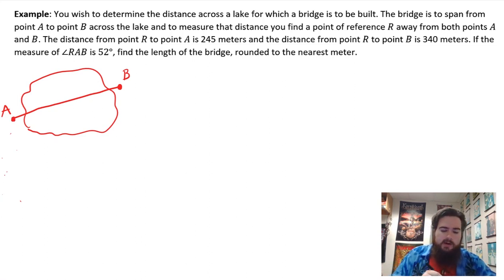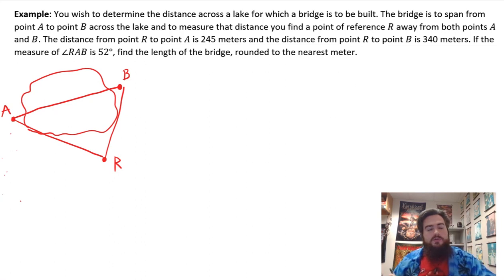To survey and reference this, I have a point R that is away from both points that I'm going to use to try to measure the distance across the lake. We are told that the distance from point R to point A is 245 meters.